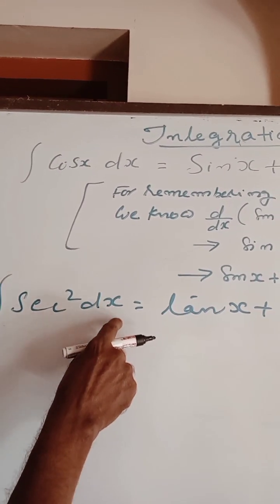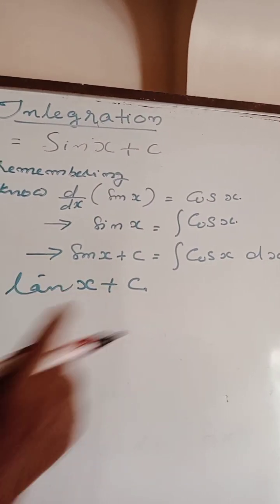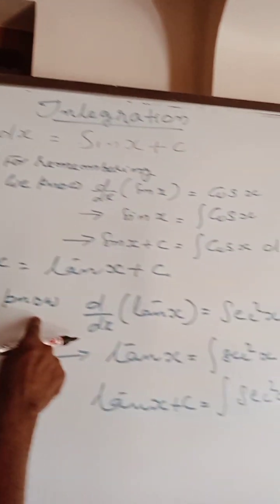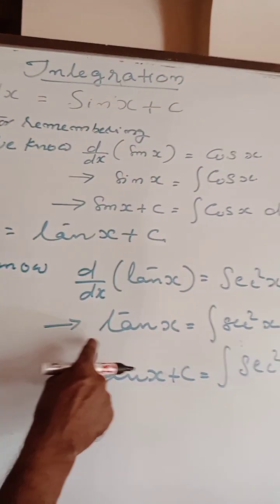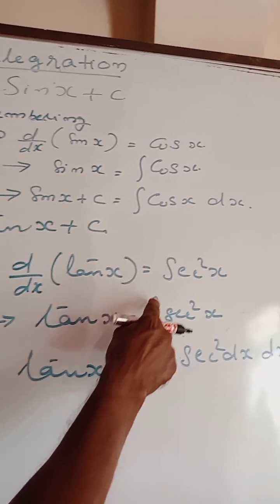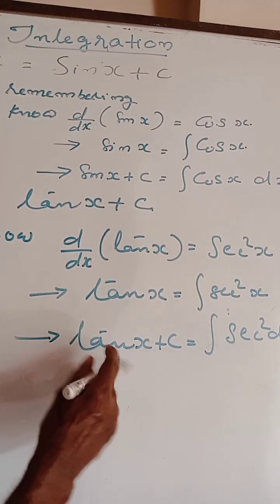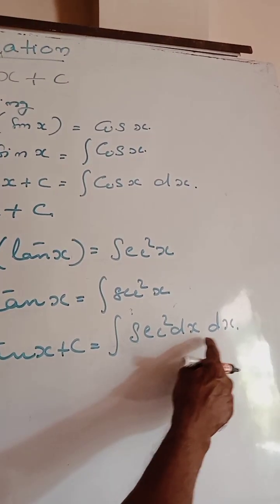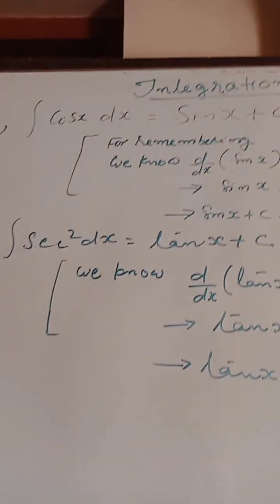Fifth one, integration of sec square x dx is equal to tan x plus c. For remembering, we know d by dx of tan x is equal to sec square x, which implies that tan x is equal to integration of sec square x, which implies that tan x plus c is equal to integration of sec square x dx.